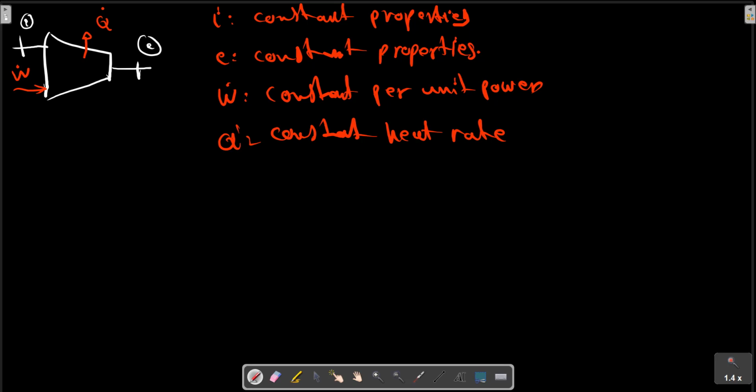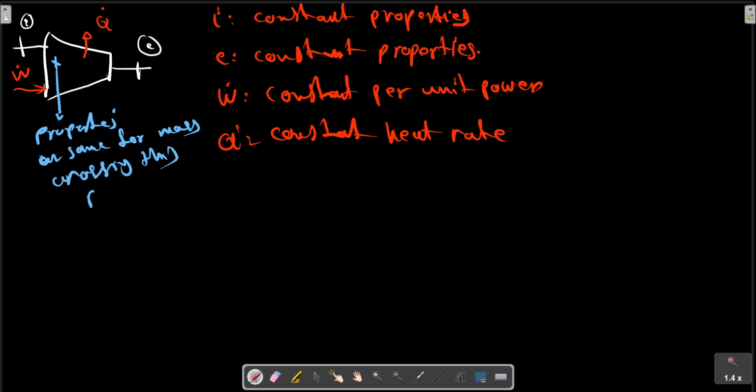For example, at this point we always have the same properties for mass crossing this point, and other points may have different properties, but always constant in each point.